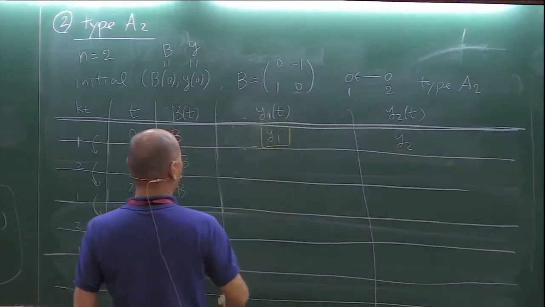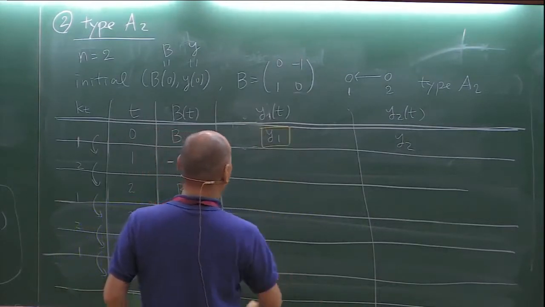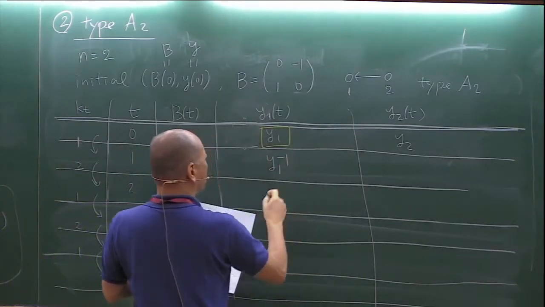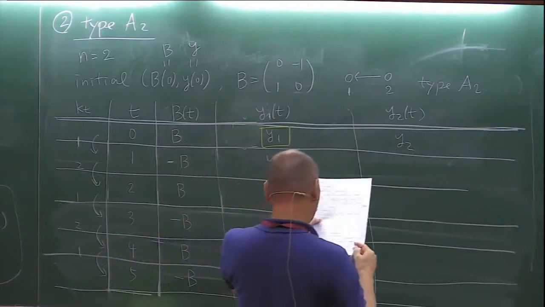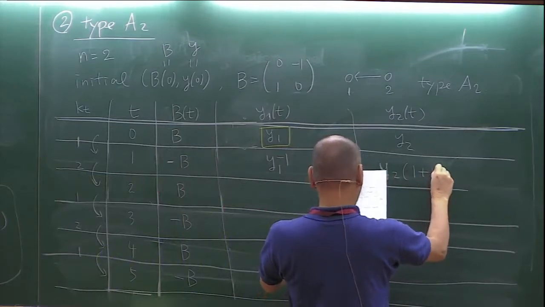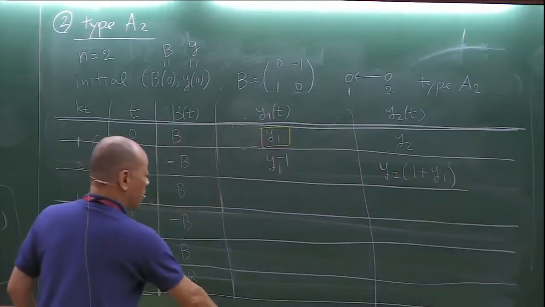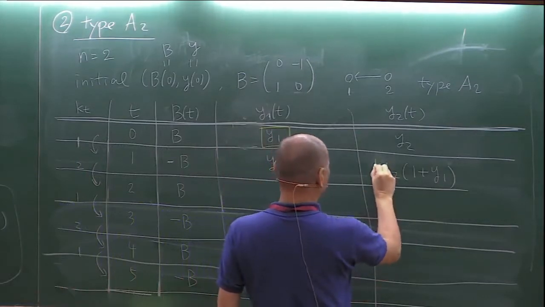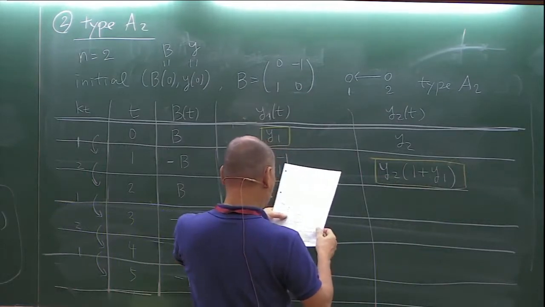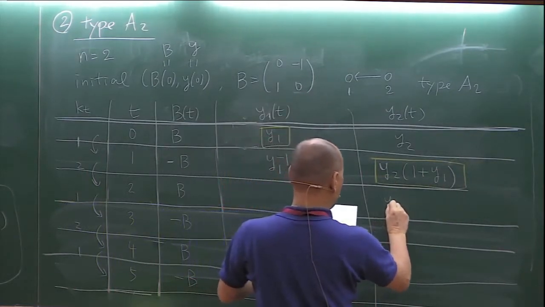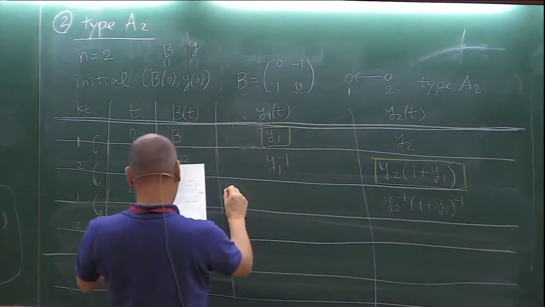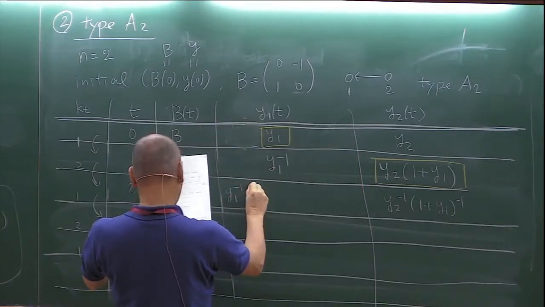And make a mutation at 1, indicated by this line, because this information will be necessary later. So this becomes y1 inverse. And according to that formula, which you can closely review later, I give you an answer. So you have such a formula here. And the next time you're going to mutate at this point, and this one becomes just an inverse. And this one is mutated more drastically.